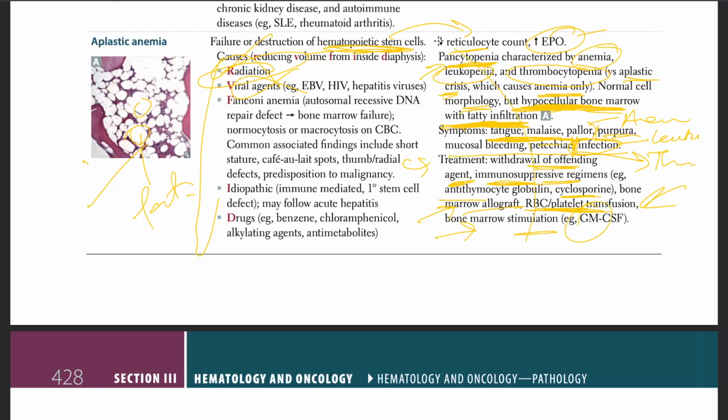So you try to stimulate some cells. Maybe some cells are active, and all they need is direct stimulation by GM-CSF, which acts on bone marrow progenitor cells. Okay, so that's all about aplastic anemia.